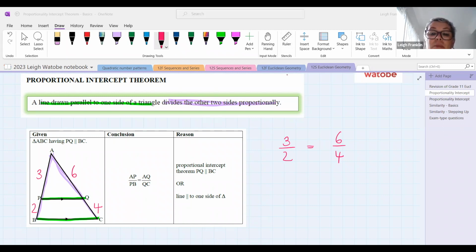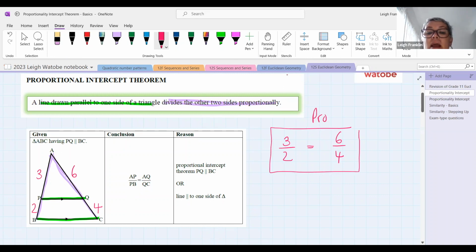So this statement over here is referred to as a proportion, and it states that one fraction is equal to another. Remember, it does not mean that the numerator here equals the numerator there, because it doesn't. And it does not mean that the denominator here equals the denominator here, because it doesn't.